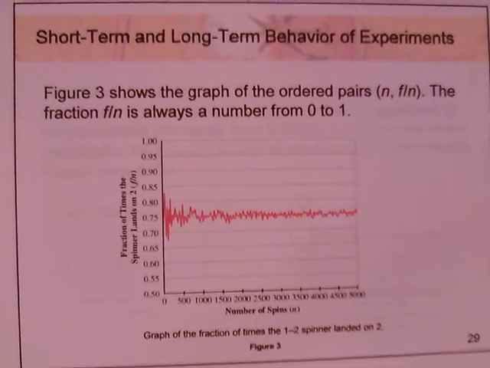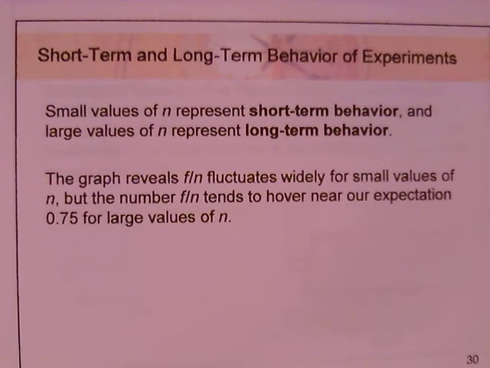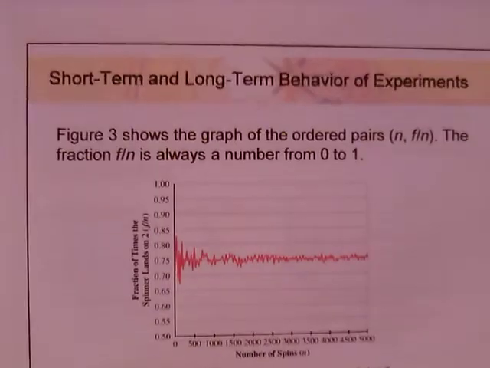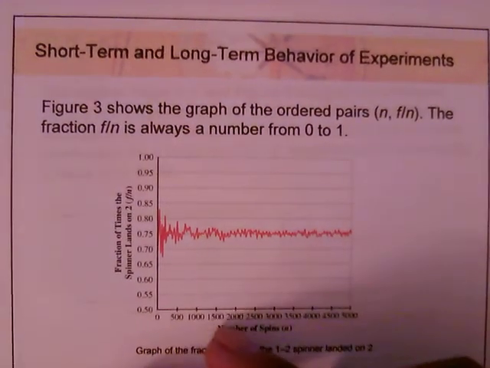And next, small values of N represent short-term behavior, and large values of N represent the long-term behavior. Here, that graph that I showed you reveals F divided by N fluctuates wildly for small values of N, but the number F divided by N tends to hover near our expectation of 0.75 for large values of N. Okay, so going back here, you can see it's fluctuating for smaller values of N, which is this horizontal axis.